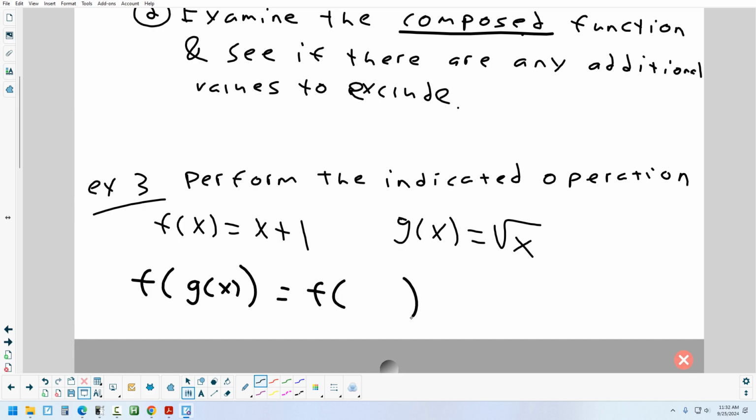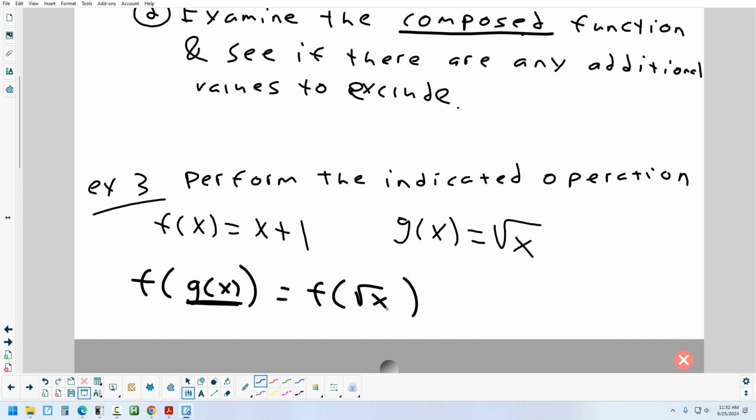So what is g of x in this particular problem? Yeah. Square root of x. Square root of x. So replace the name with what it tells you it equals.